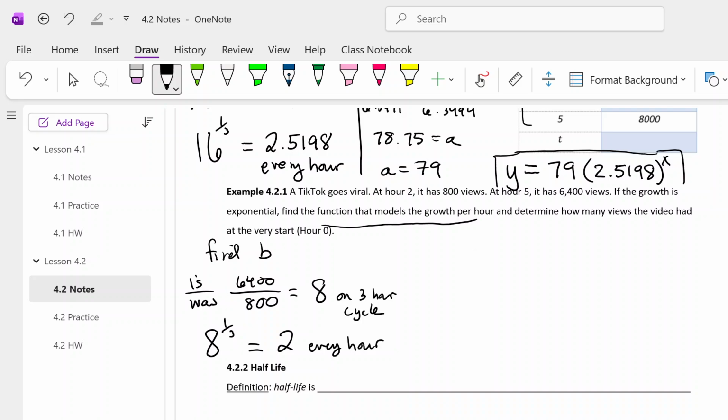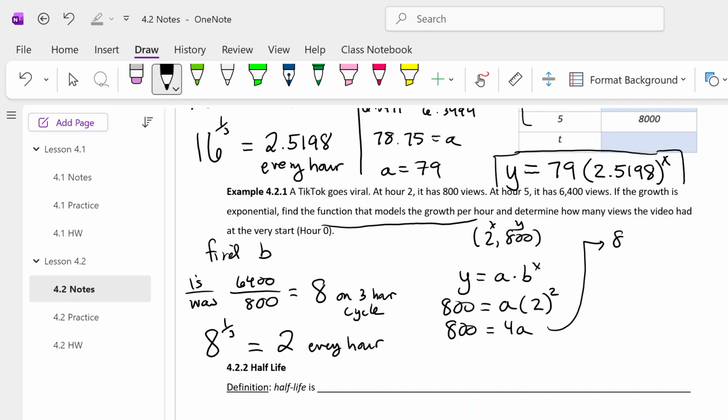So let's use the coordinate 2, 800 for our x and y. So we're going to use y equals a times b to the x. 800 is our y. We don't know our starting value. Good news is now we know that our b value is 2. So we have 800 equals a times 2 squared, which is 4.